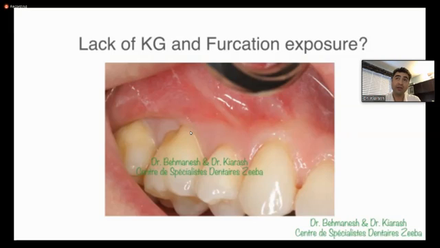You have a tooth that has divergent roots and that has a short root trunk where the furcation is not that far away from the gingival margin. So in cases like this, something as innocent as a soft tissue lesion can actually end up leading to a complete loss of a molar tooth.